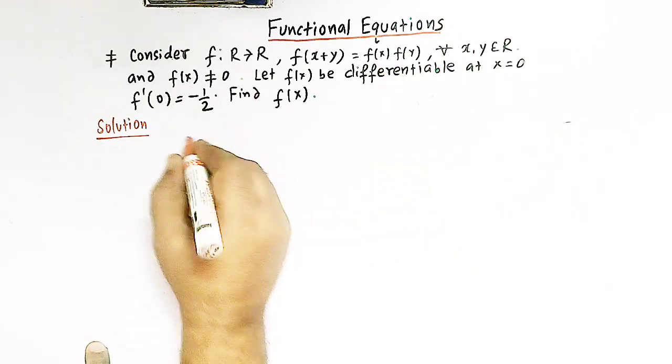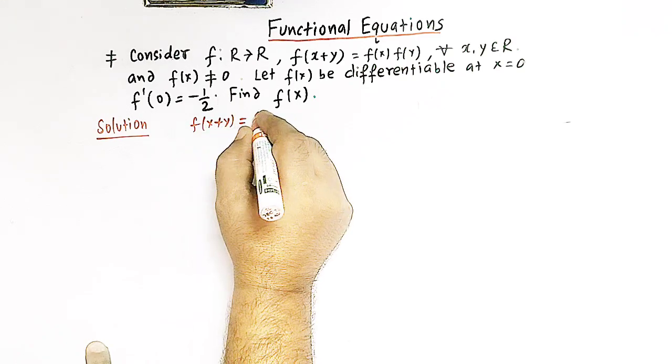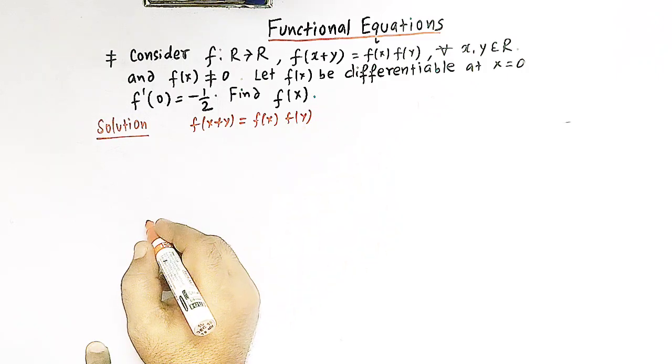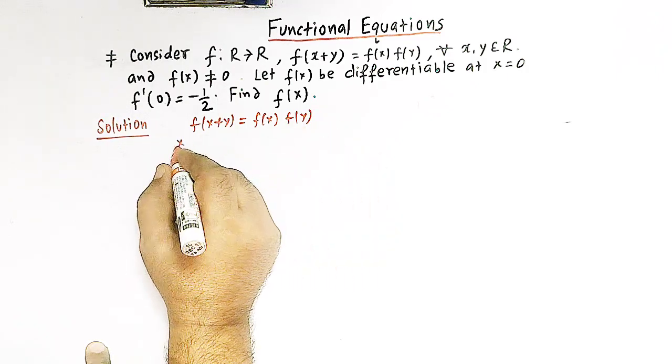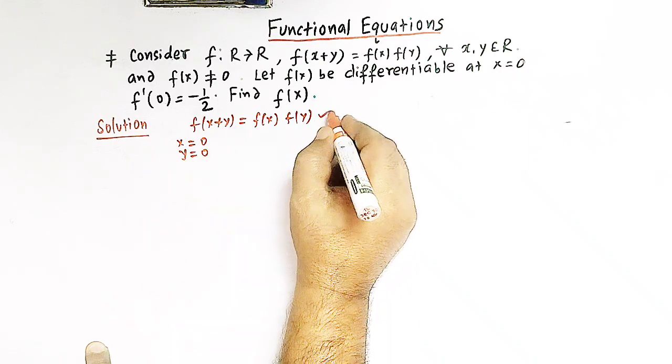Here we are given the equation f(x + y) = f(x) f(y). Now let us replace x by 0 and y by 0 in this equation.